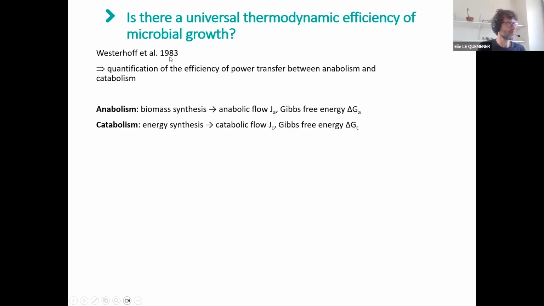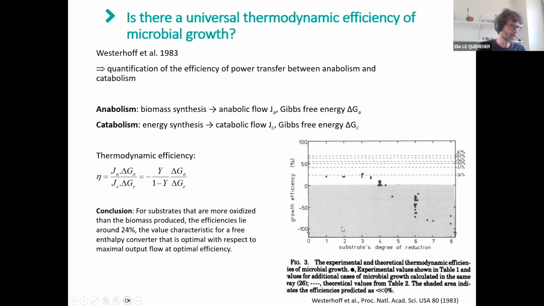There is a paper, for example, from 1983 from Westerhoff, where he analyzed how anabolism is coupled to catabolism, and this tries to compute thermodynamic efficiency and show that it appears that some microbes are optimized as a free enthalpy converter. It's optimal with respect to maximal output flow, but for other microbes there is no obvious optimum. It was an interesting approach.